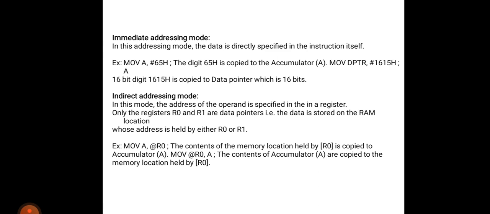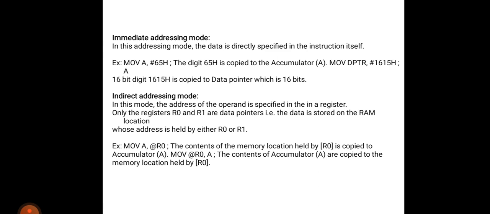It can only use addresses from 00H to 7FH. The @ sign is used in the instruction set and is placed before the registers R0 and R1 to make the two registers pointers.